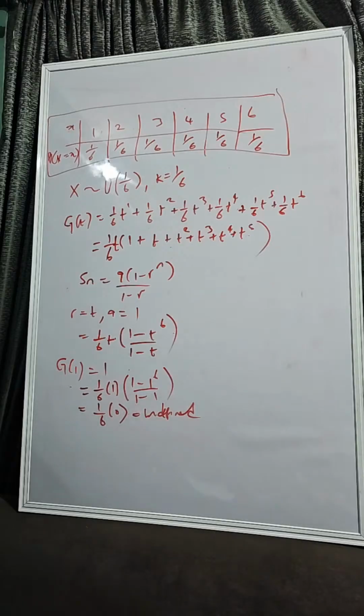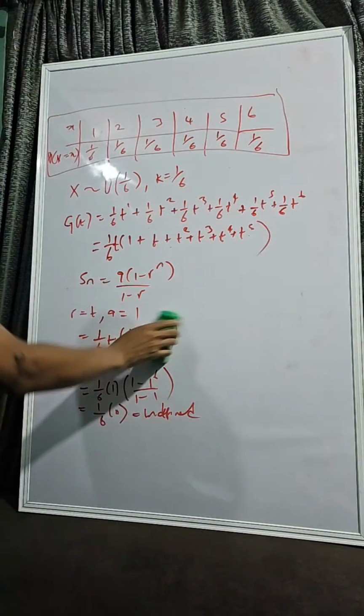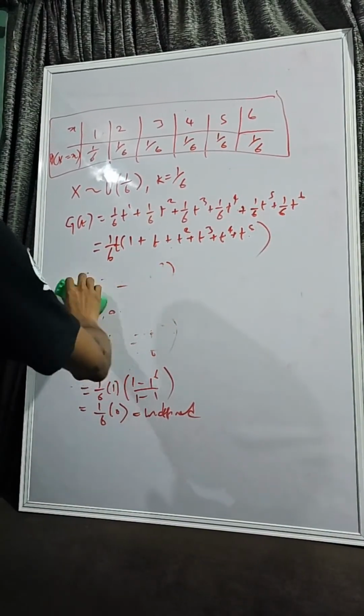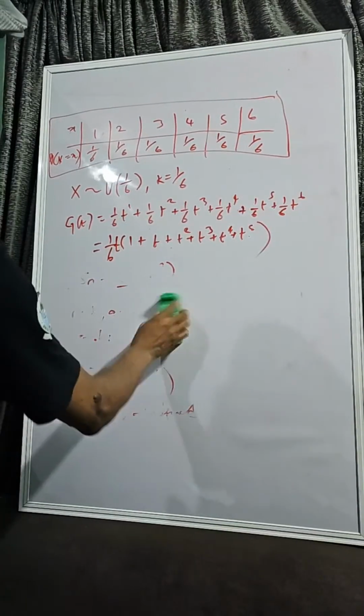So what does this tell us? This tells us that something is wrong somewhere because we're supposed to get 1. So meaning we have to recheck what we did here, because this did not produce 1.